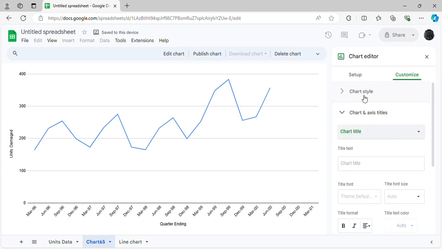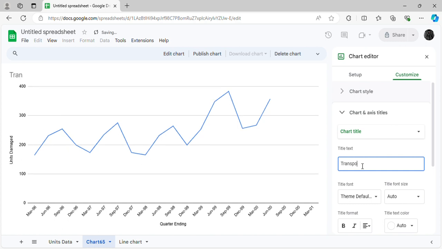For the chart title, let's type transportation damage 1996 to 2000. Then let's show the data points.